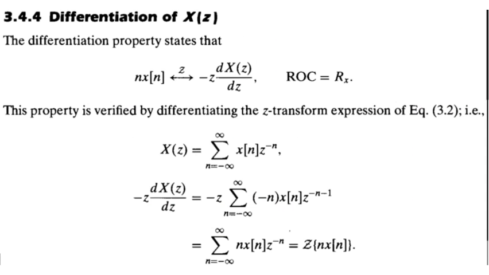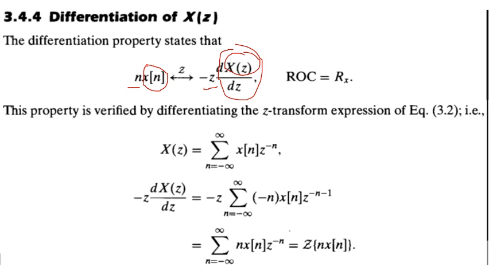Now this is the differentiation property of x of z. For example, if we have x of n and its z transform is x of z, but what if we have n multiplied in the time domain? Once we have n multiplied in the time domain, what we have to do is take the derivative of x of z and multiply it with minus z.